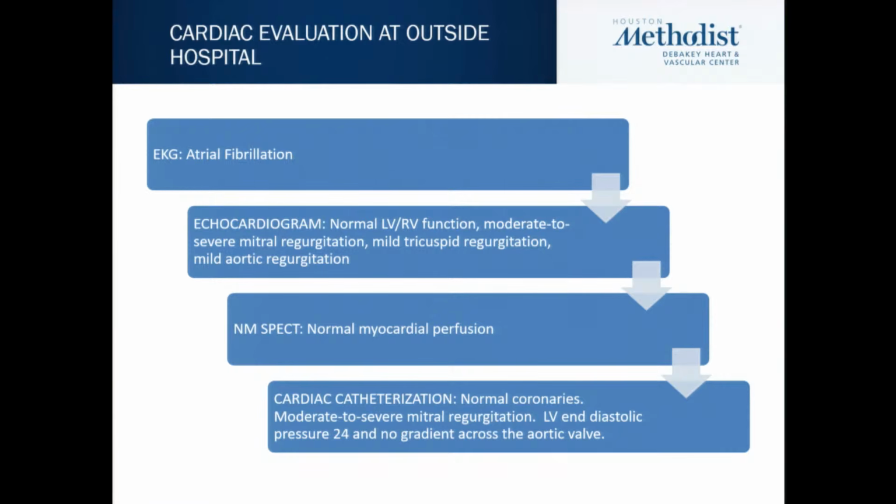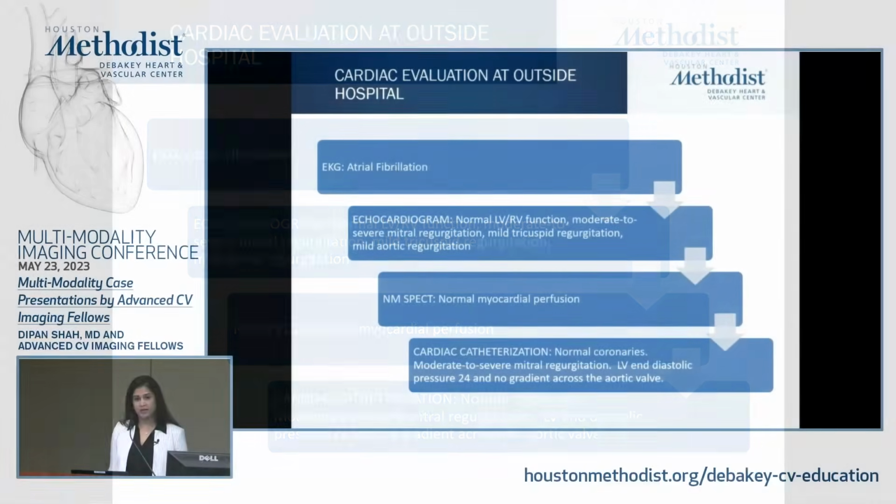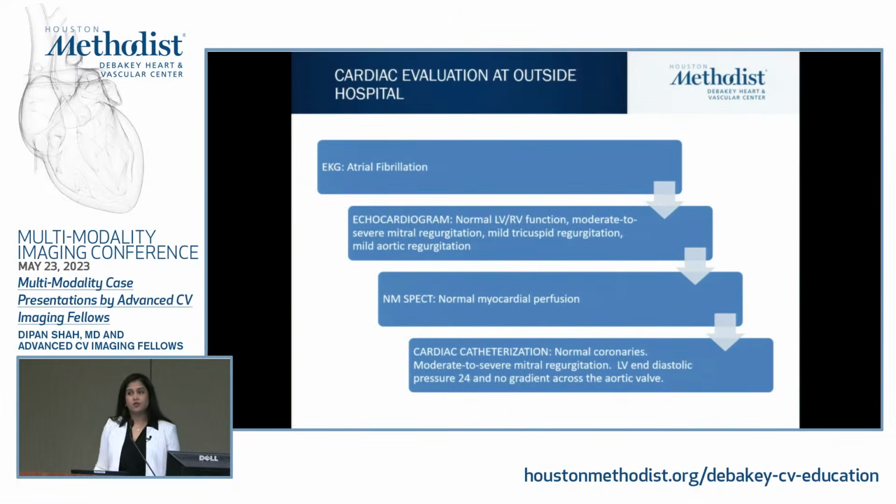He had a nuclear SPECT study which showed normal myocardial perfusion. This was followed by a cardiac catheterization, performed at that time to assess the severity of the mitral regurgitation. The patient had normal coronaries with moderate to severe mitral regurgitation on the LV gram, and there was no gradient across the aortic valve.